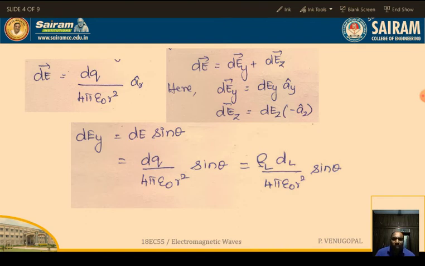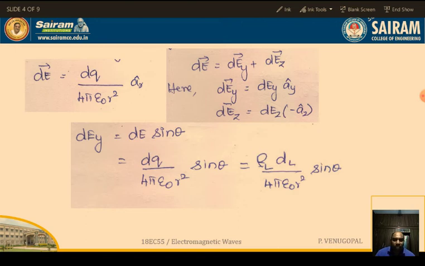Now this is your total electric field intensity. So dEz is cancelled. Why is dEz cancelled? By considering the elementary length above the point O we get plus dEz. If you consider the elementary length below the point O, the same magnitude of dEz is obtained, but in the opposite direction.